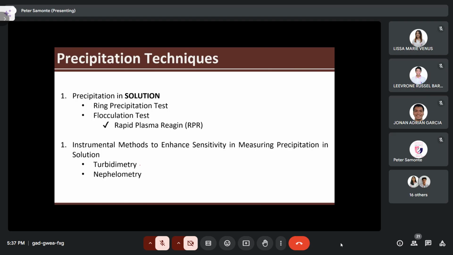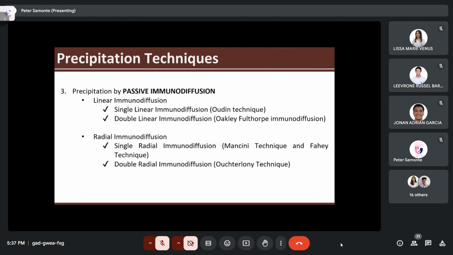So you could perform turbidimetry and nephelometry. Then we have your precipitation by passive immunodiffusion. Under passive immunodiffusion, we have your linear immunodiffusion. This is a single linear immunodiffusion known as your Oudin technique.